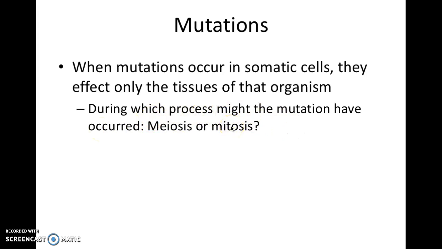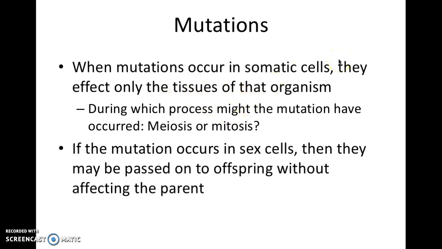I'm going to give you like 2 seconds to think. Okay, remember that. Somatic cells, mitosis. So that's like if you have a lot of sun exposure and you never put sunscreen on your face, you will get maybe a mutation in a skin cell on your nose, and you might get melanoma or skin cancer just on that tissue that was exposed to the sun.